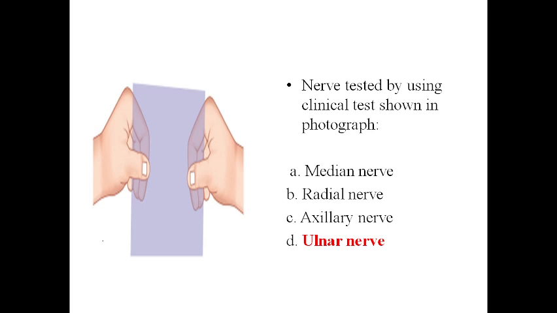If the test is positive, the paper is pulled away by the examiner because of the weakness, where the patient flexes the thumb at the interphalangeal joint in an attempt to hold the paper. They are not able to hold the paper when the examiner pulls it. This means the test is positive and the patient has ulnar palsy in the wrist.